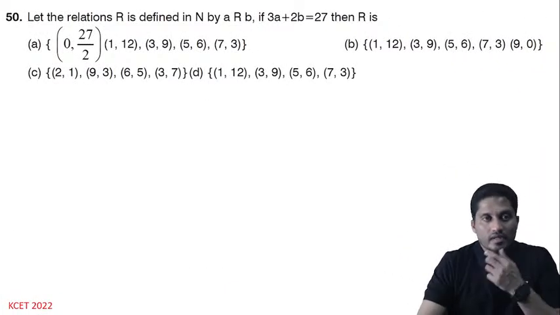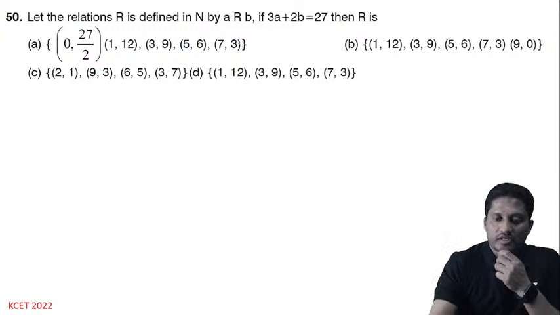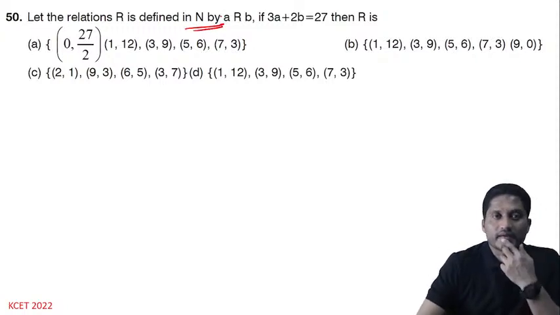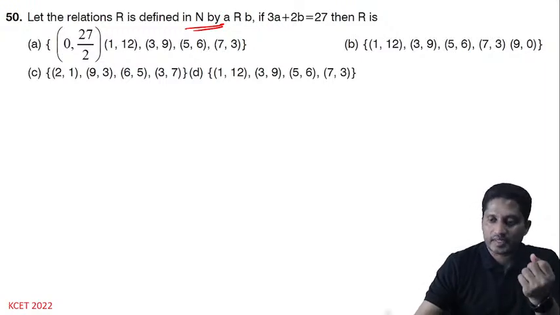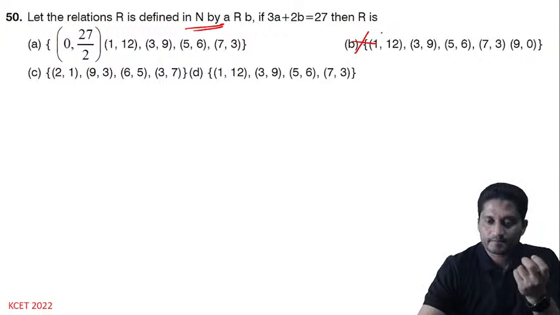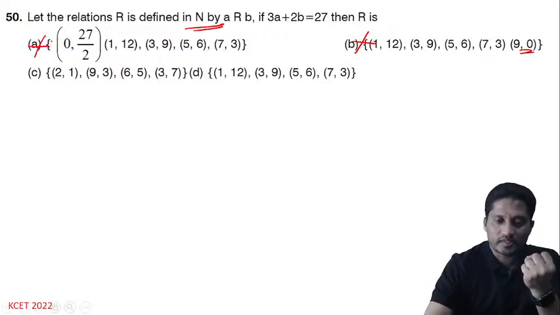Question number 50. N is a natural number, right? Let R be the relation defined in N by A related to B. So it should be a relation of natural numbers. This is not possible because 0 is there. This is not possible.